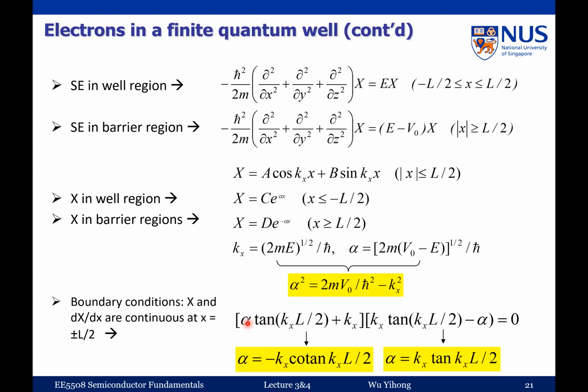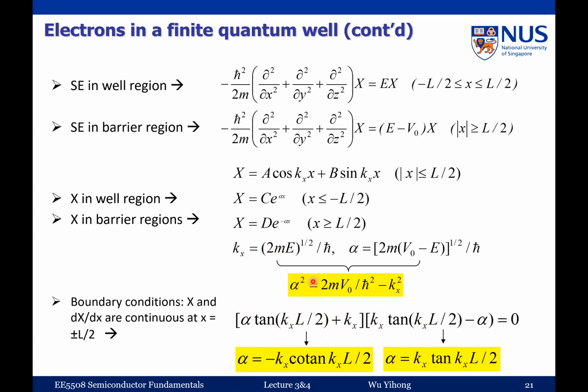In the first case, you assume that this term is zero, and you can rearrange this and get alpha equal to this, right? The other case is that you let this other term be zero, and of course get alpha as a function of kx again.